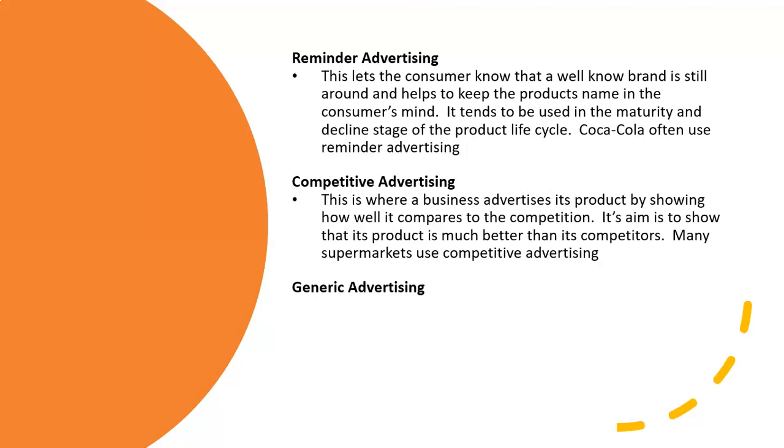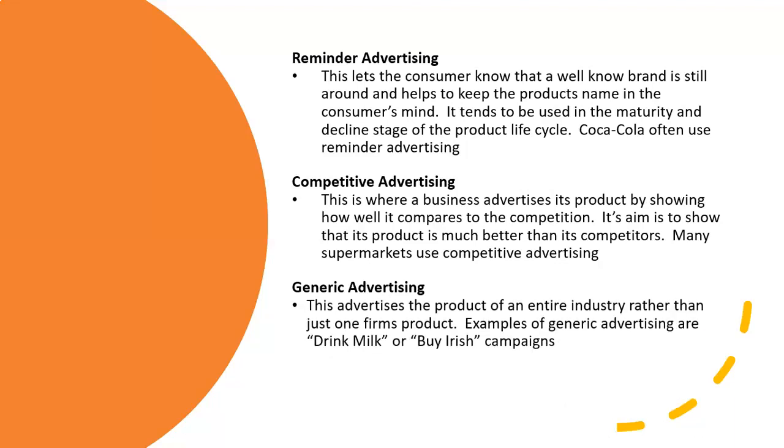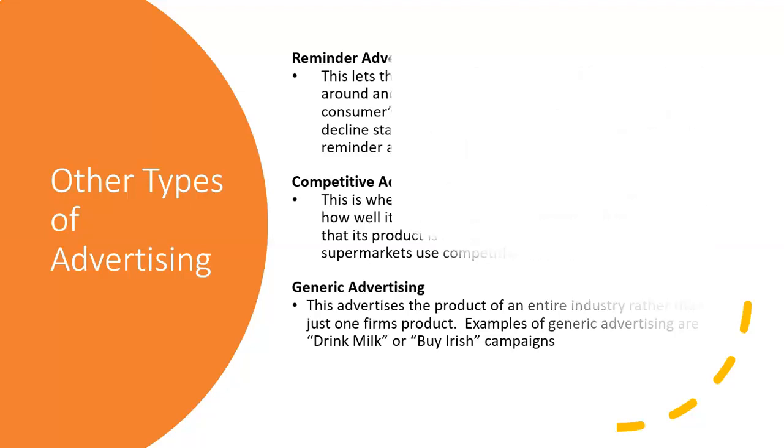Generic advertising advertises the product of an entire industry rather than just one firm's product. Examples of generic advertising are drink milk or buy Irish campaigns. This slide's heading is called other types of advertising. Okay, let's proceed to the next slide.